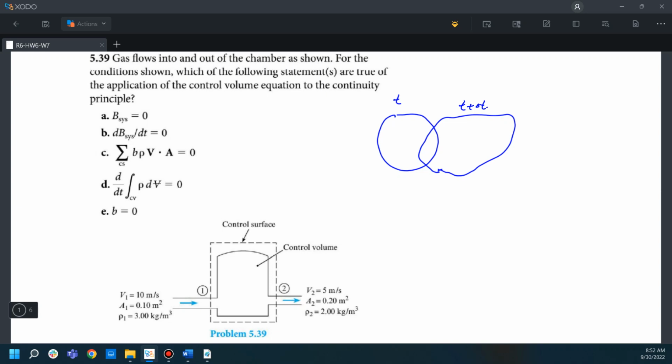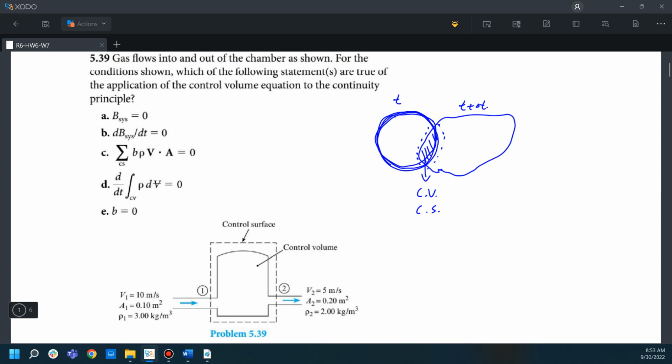And the Reynolds transportation theorem formalizes the description for this closed system. And this part is our control volume, and the surrounding of this intersection area is the control surface. And this boundary is the system's boundary.